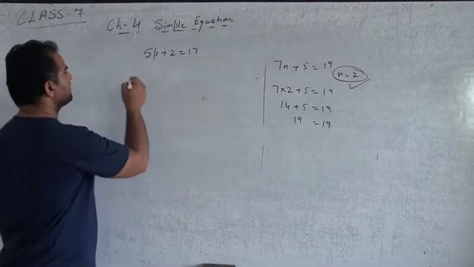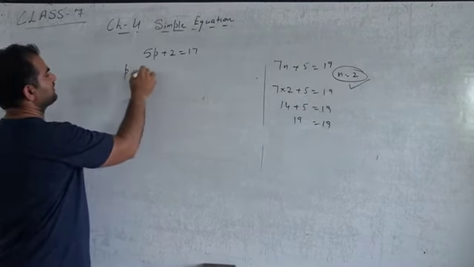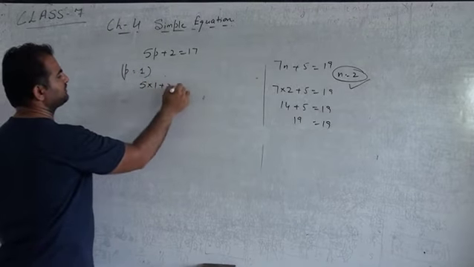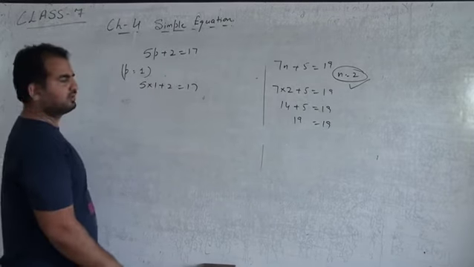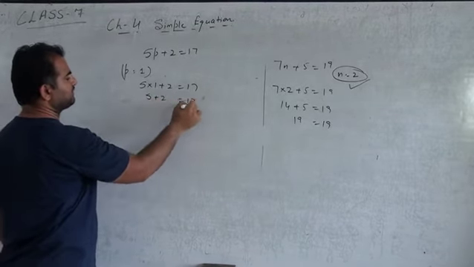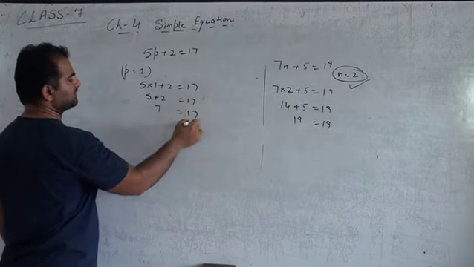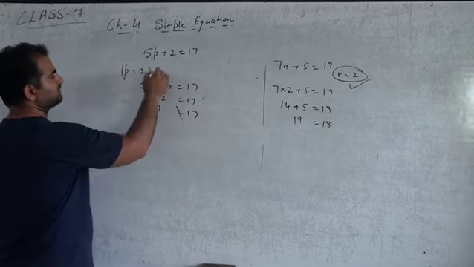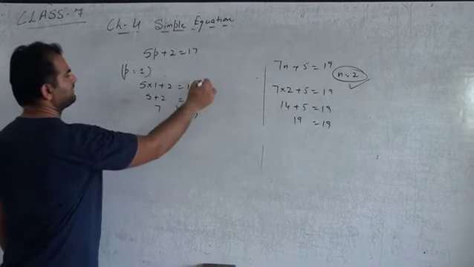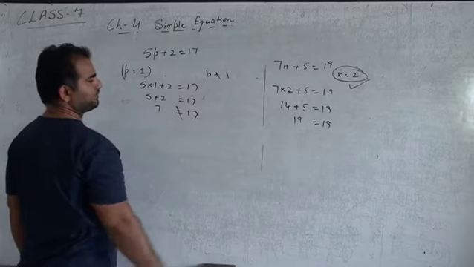Okay, so first I am placing p equals to 1. So it will be 5 into 1 plus 2 equals to 17. Okay, it will be 5 plus 2 equals to 17 and 7 equals to 17. It is not possible, so this is not satisfying the equation. Okay, so we can say that p is not equal to 1.